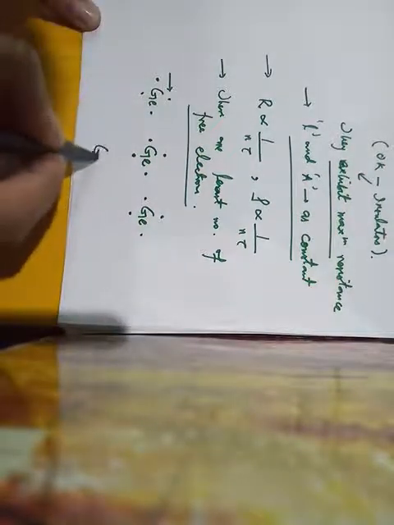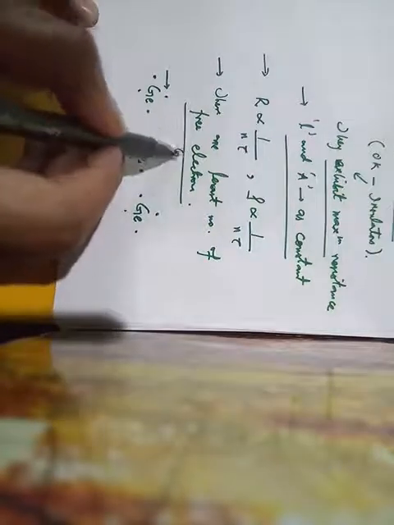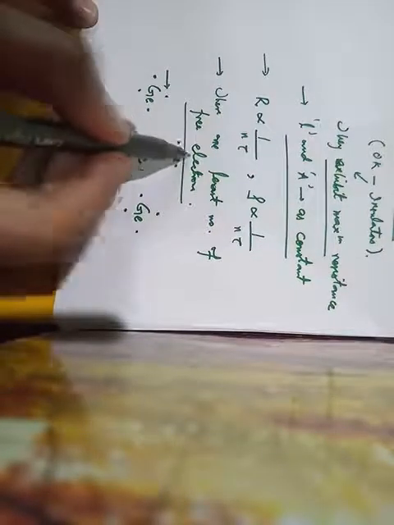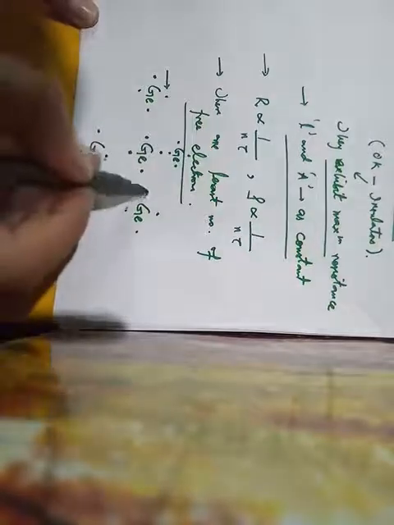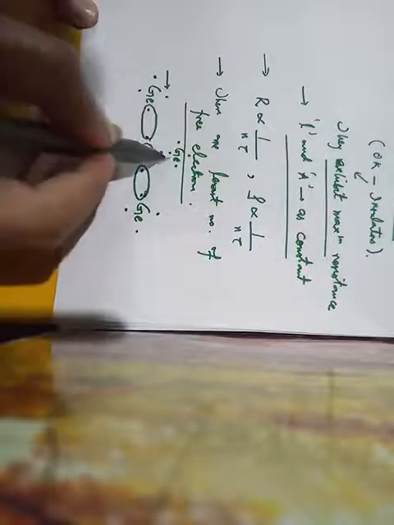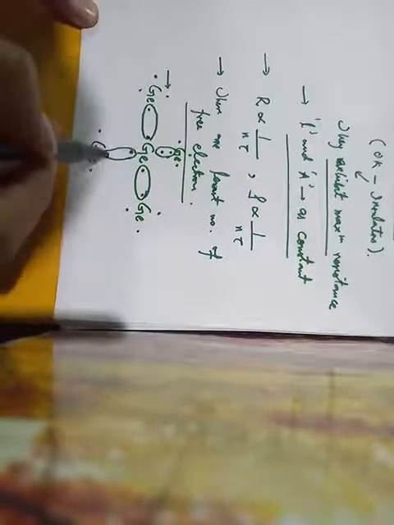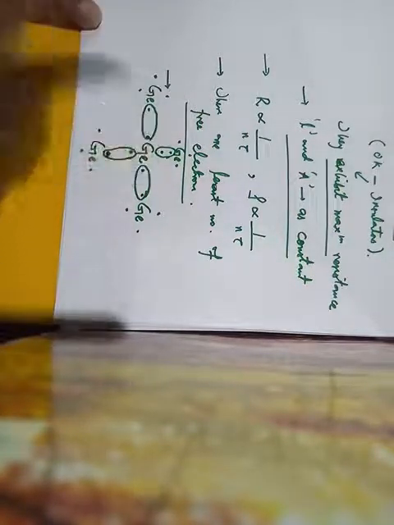Here also 4 valency. Here also I will take germanium. And this germanium and this germanium are bounded with a bond called a covalent bond, leaving behind the least number of free electrons. Here there is no availability of free electrons.